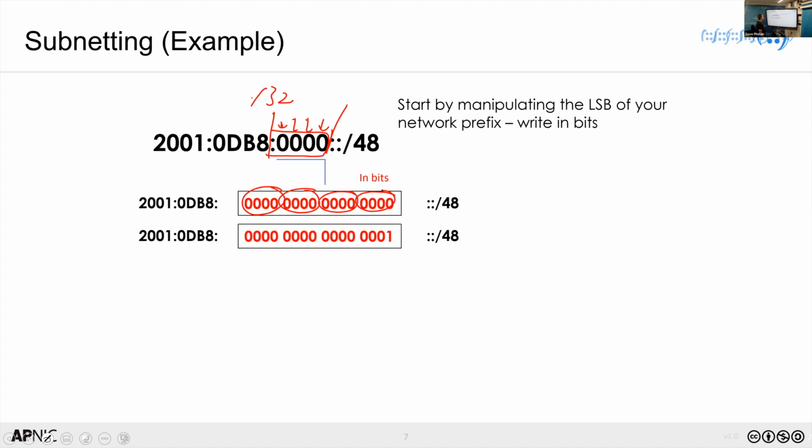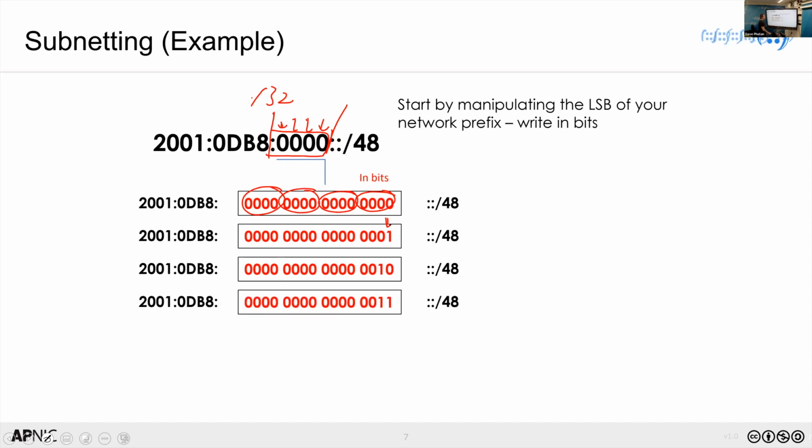My second address, least significant bit, this guy here, we increment it. The next one, we're going to increment the bit again. We're in binary, right? So 2 in binary is 1, 0. 3 in binary is 1, 1. Then we have to write that back into hex.